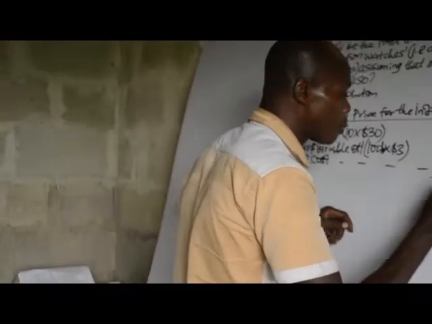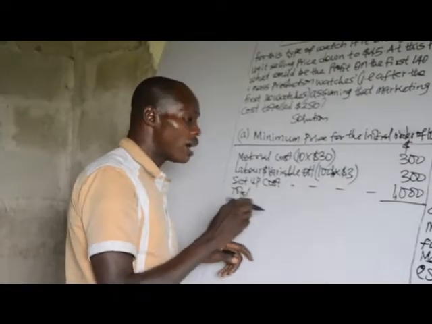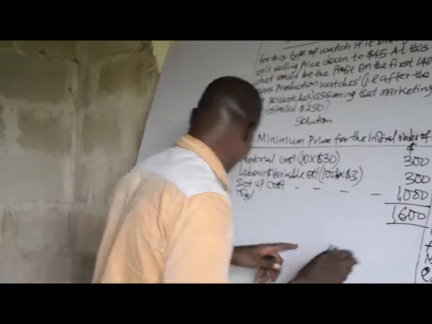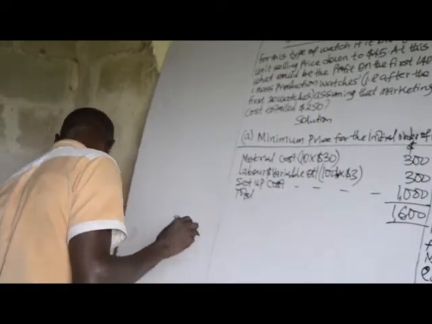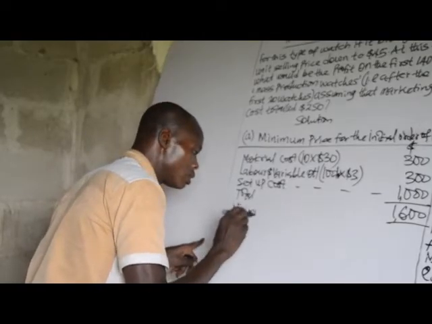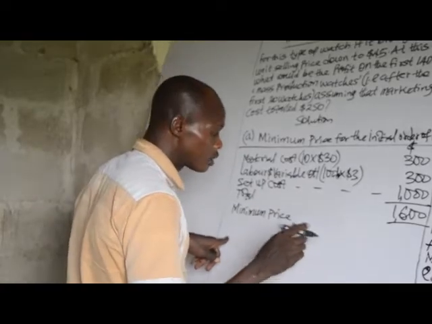The minimum price. When you sum up this, you have the total relevant cost to be 1,600. Now what is the minimum price the company should charge for the initial order of 10?